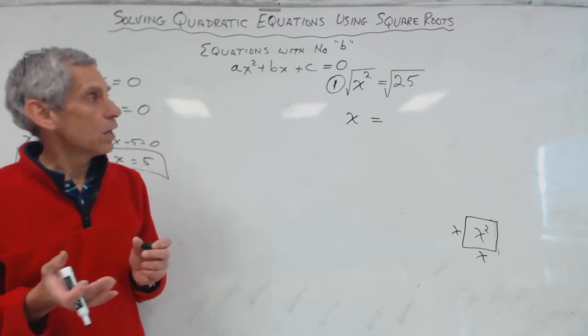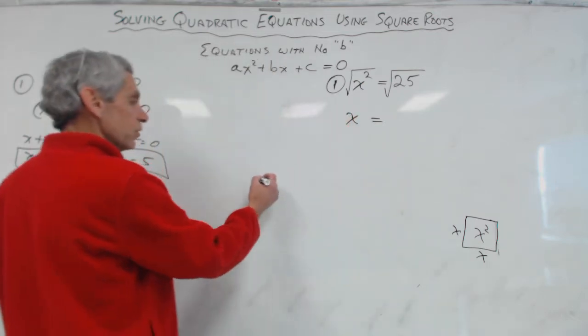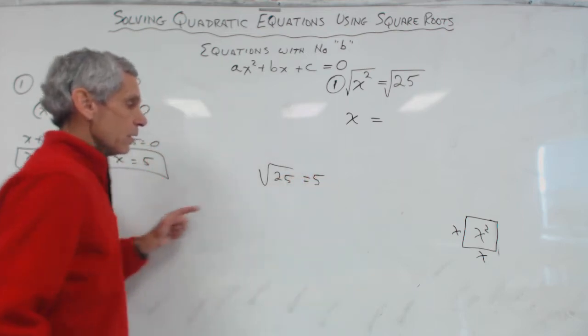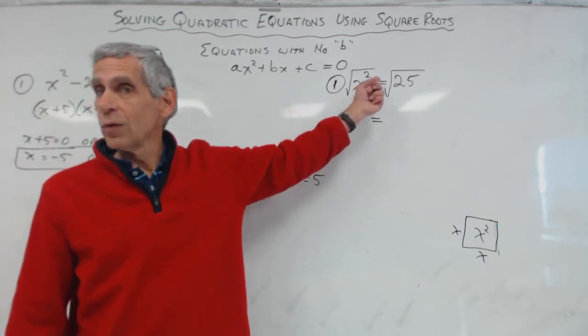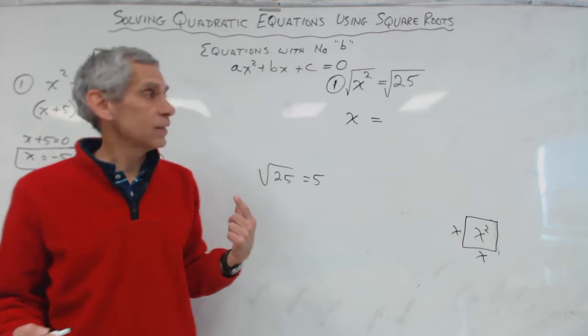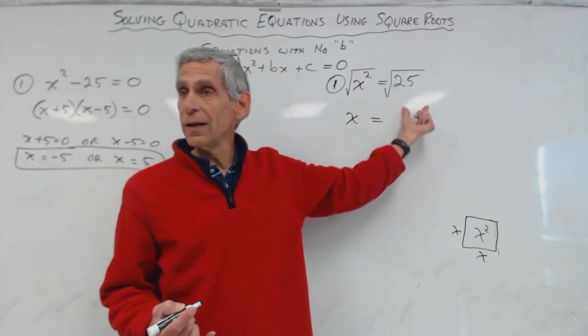Oh, so this is weird because typically you've been taught that the square root of 25 is 5. But when you're dealing with quadratics, meaning it says x squared, there's a special thing you have to take into consideration, that this one could be positive or negative.